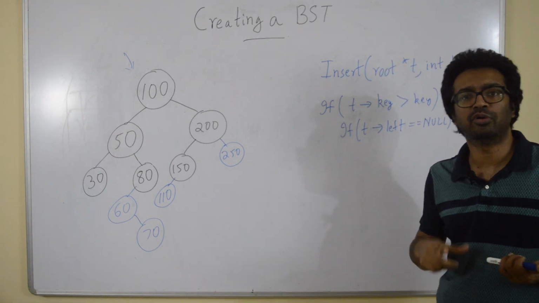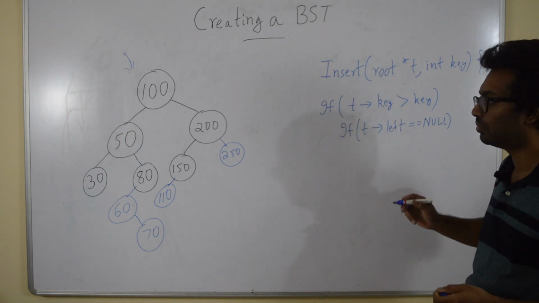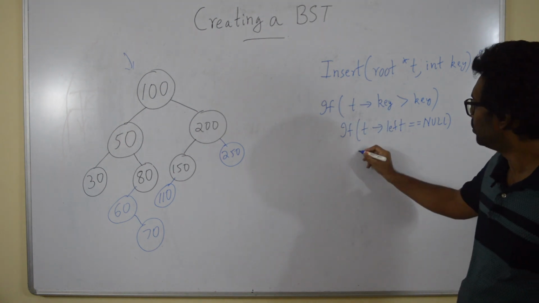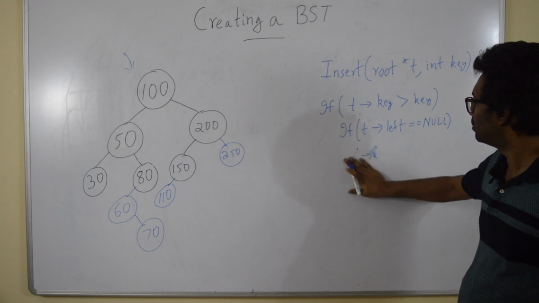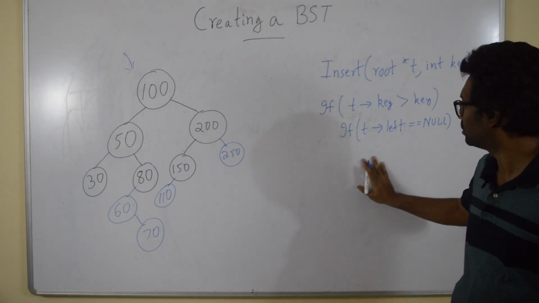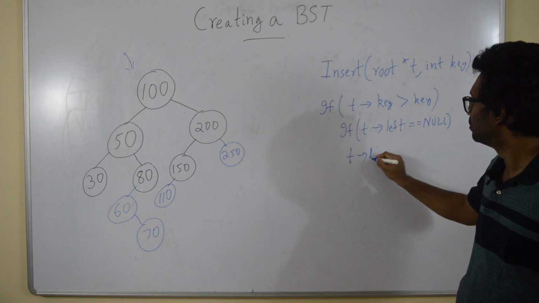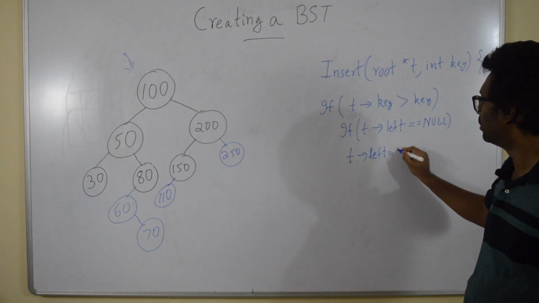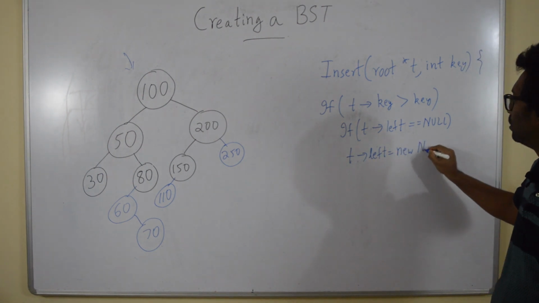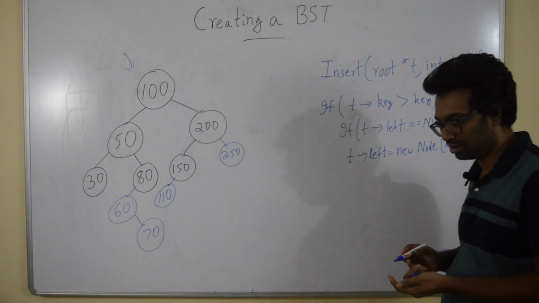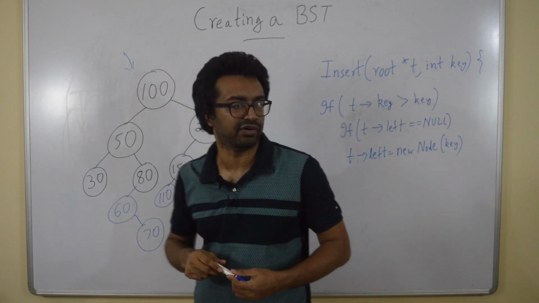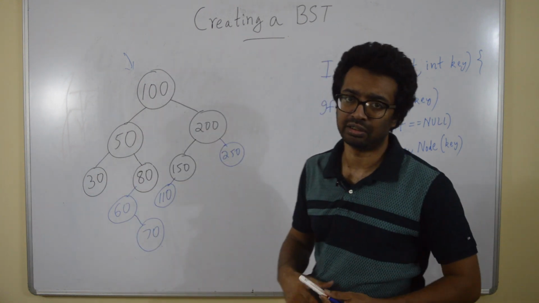So in that case, I'm going to insert that element there. I'll create a new node: t dot left equal to new node, and I pass the value key. This basically creates a new node with the key value there, and that's it, and then I return.